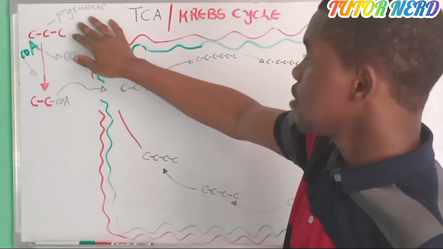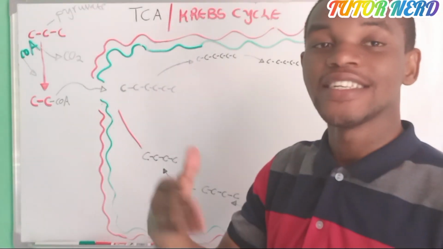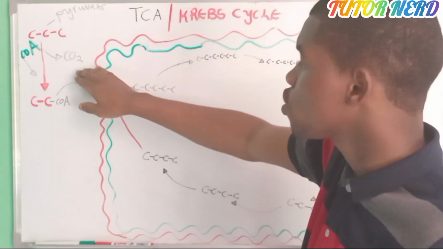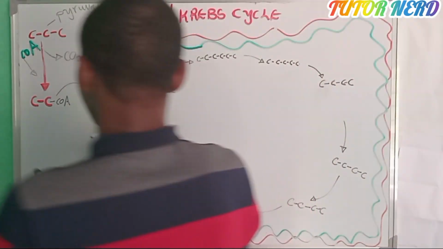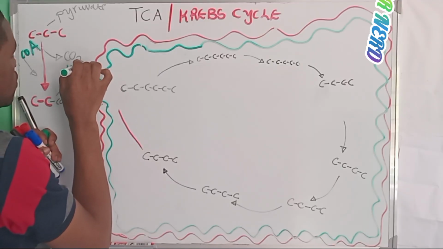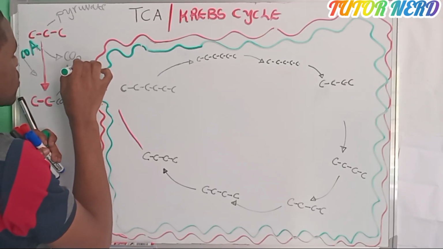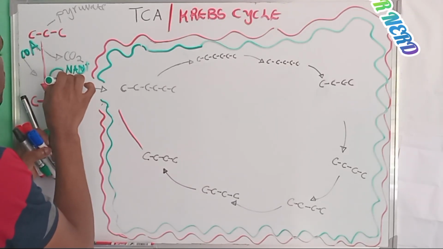Since it is a dehydrogenase, it also produces NADH. So we are producing NADH from NAD plus.